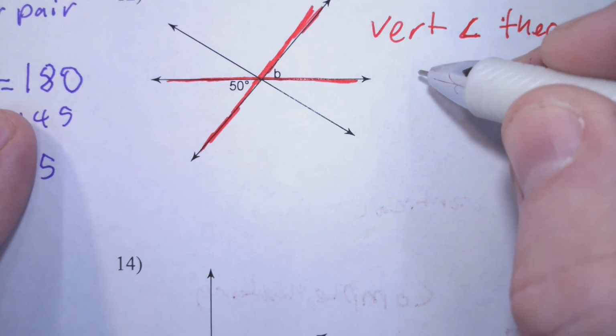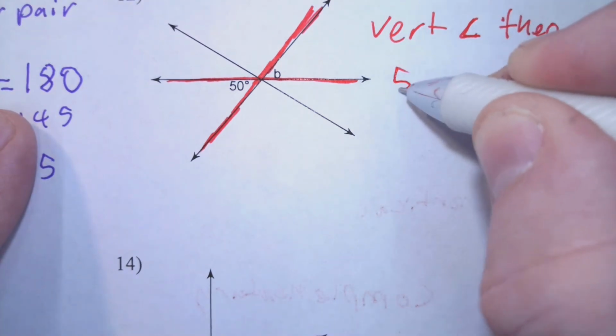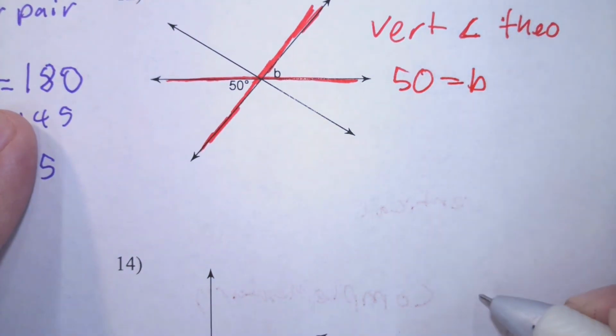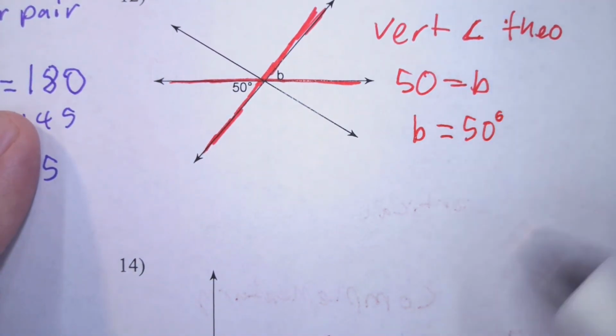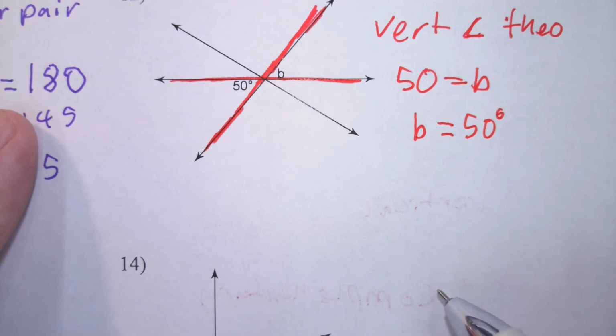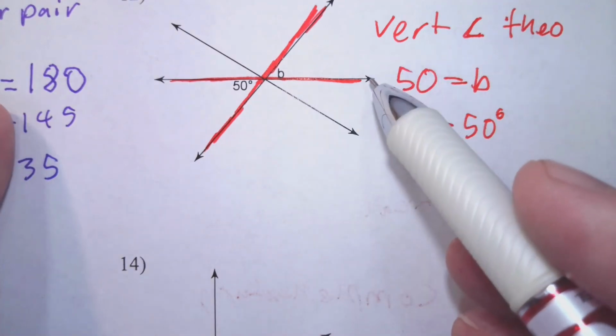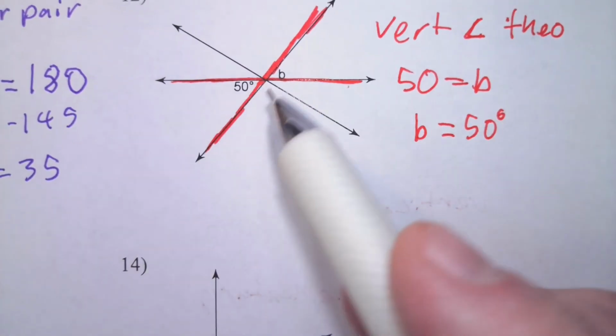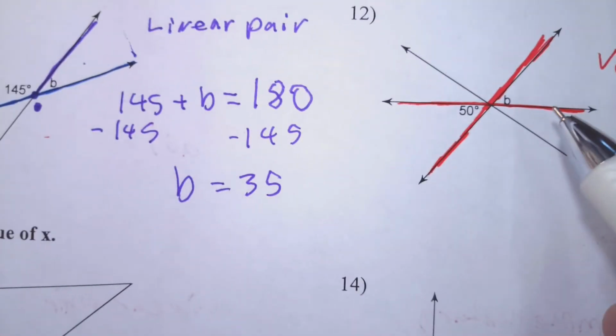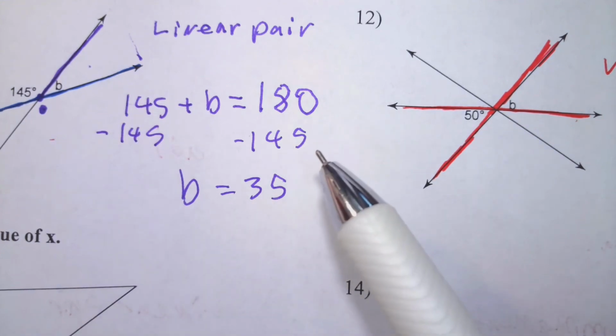So this is how you set this up. 50 equals B, or B equals 50 degrees, right? Is there any work? They are congruent. So just remember, vertical angles are congruent or equal. Linear pair, they add up to 180.